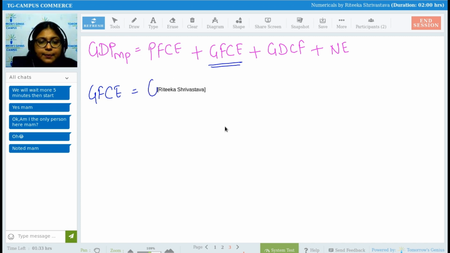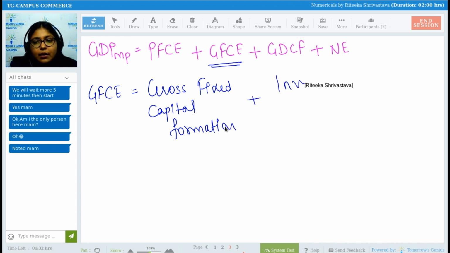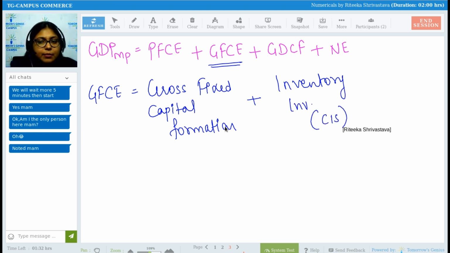So the formula is gross fixed capital formation plus inventory investment. Inventory investment is nothing but closing stock. Okay. So gross fixed capital formation plus inventory investment.